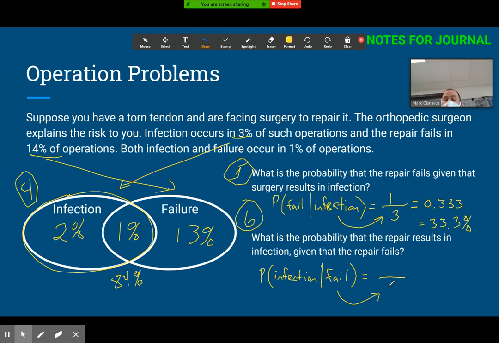What's the fraction you got, Claudia? 1 over 14? You all agree with her? That's correct. Good job. Okay. Failure rate total goes on the bottom. Out of the failure rate, now we're just talking about that 1% in the middle. What was the decimal percentage you guys got? 0.071, which is 7.1%.